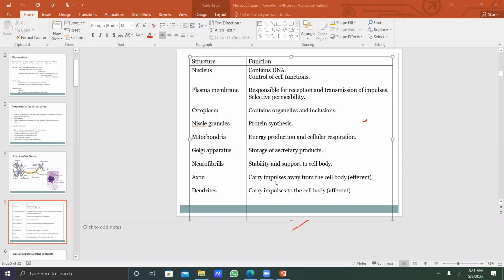It is the one which gives away the signal to another neuron cell. So it is called the efferent part of the cell. And the dendrites are the ones which receive the signals and carry the impulses into the cell body. So they are called afferent processes. Okay.